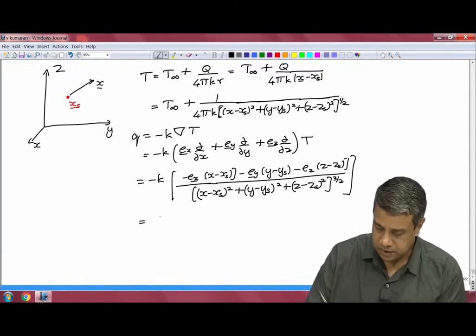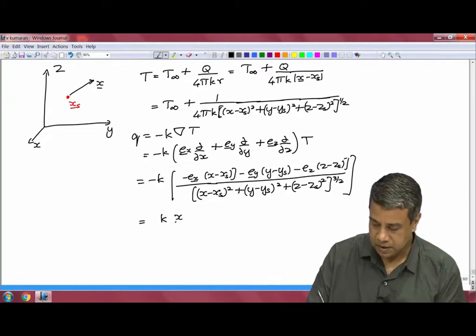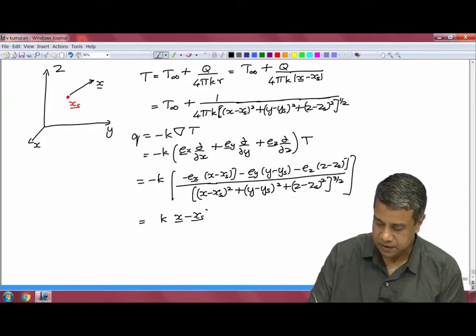So, this will be equal to k into x minus xs vector.